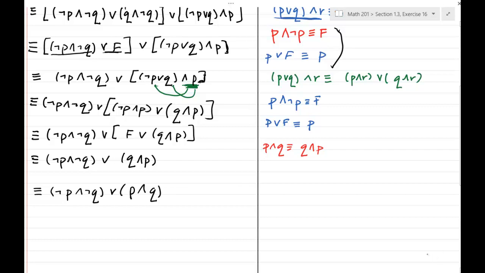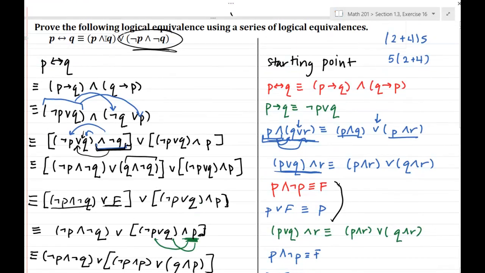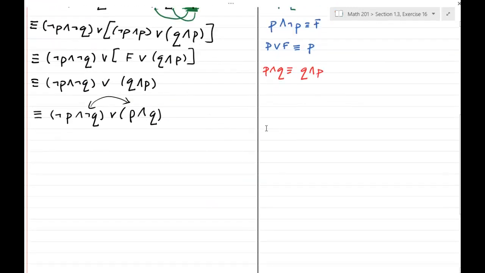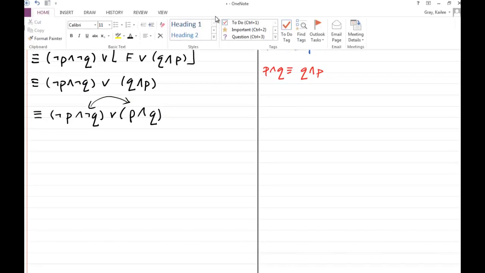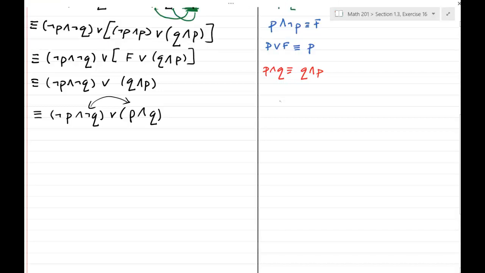So now we've got the innards of those 2 pieces in the right order, but these guys are swapped from the order of what we're trying to go towards here. Okay, I'm trying to go towards this guy. So I know that or is a commutative operation. So I'm going to use the fact that P or Q is logically equivalent to Q or P.